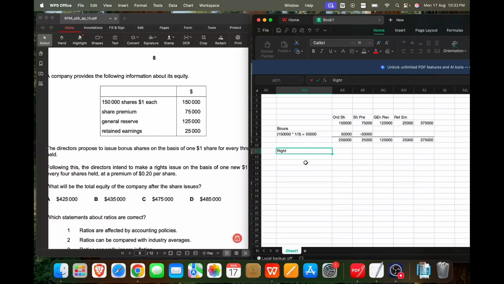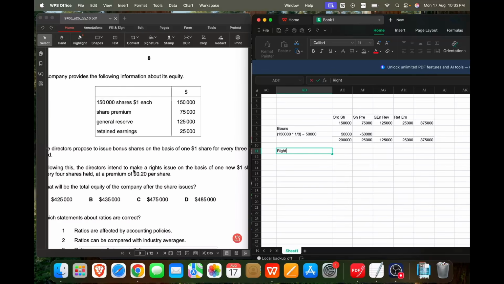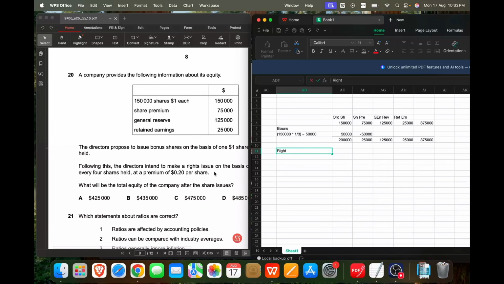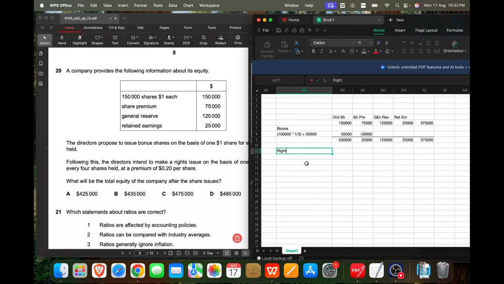The rights issue is on the basis of 1 new share for every 4 shares held at a premium of 0.20. First let's calculate the number. We have 200,000 shares right now, and we are giving 1 for every 4 held, that is 50,000 new shares.